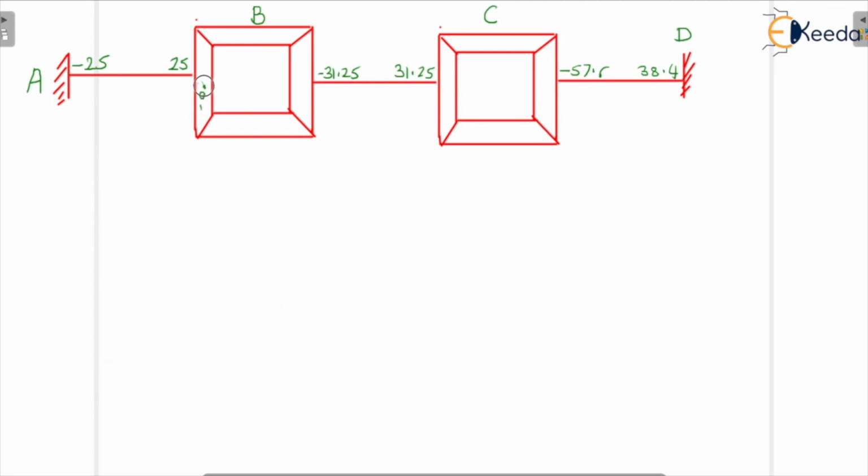I am just trying to write it here, but it's not looking good. Let me just write like this. So this is minus 0.28 and here it is minus 0.22.